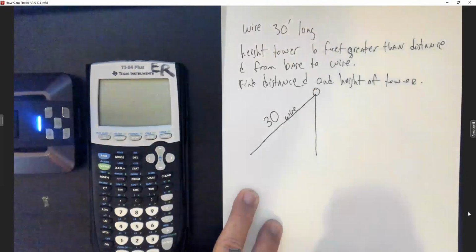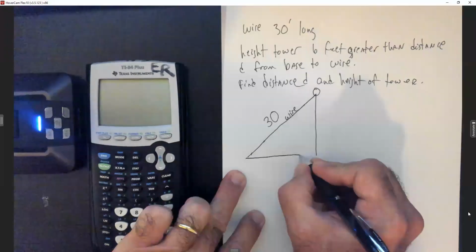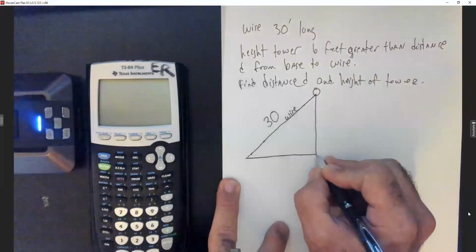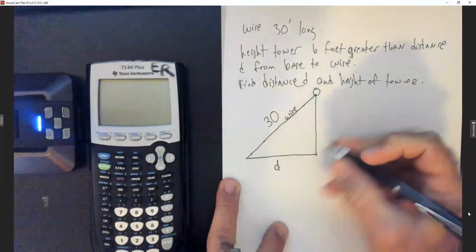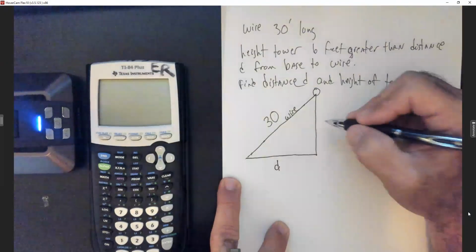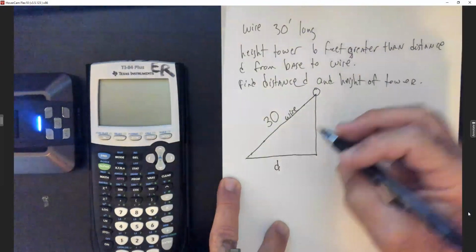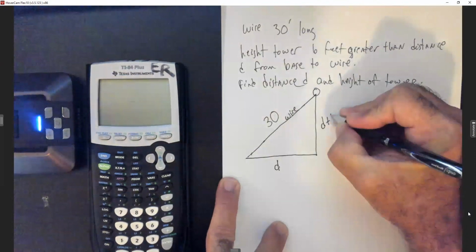Now, they said, I don't know this distance D, right? So that's the distance D. But I do know that the height of this tower was 6 feet greater than that distance D. So that would be D plus 6, right?